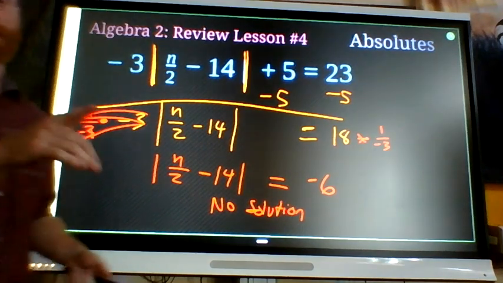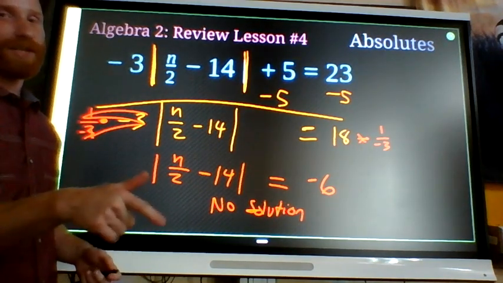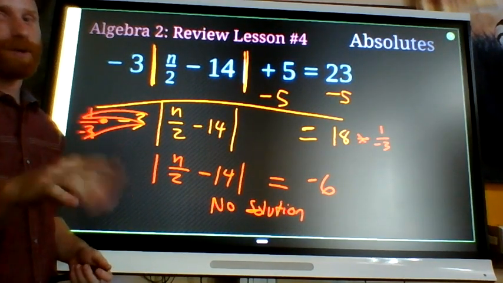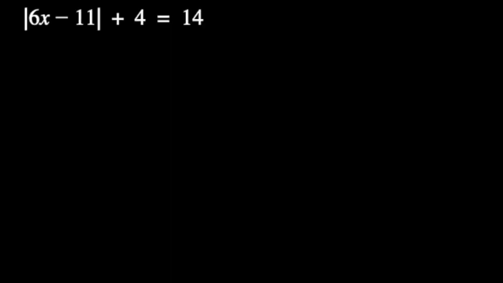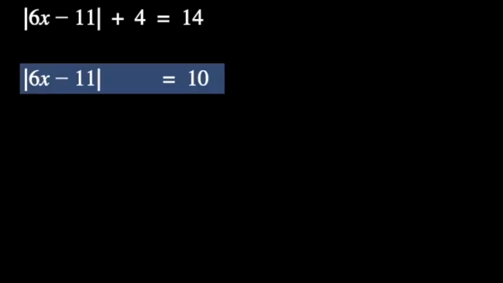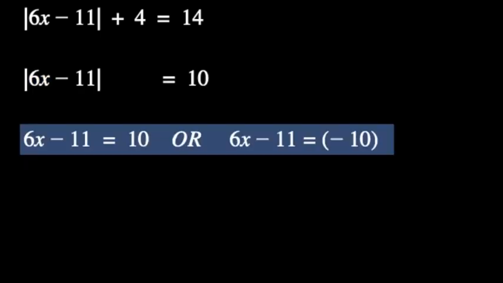Actually, matter of fact, the next one, I'm going to say, you try it. Hit pause, you try it, then look at my solution. All right, this is the one you're going to try. Subtract 4 from both sides. Break it into two pieces.